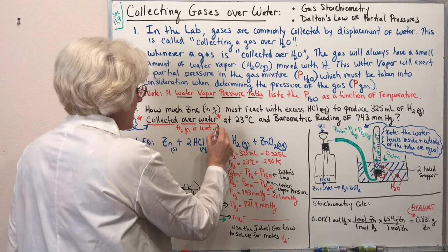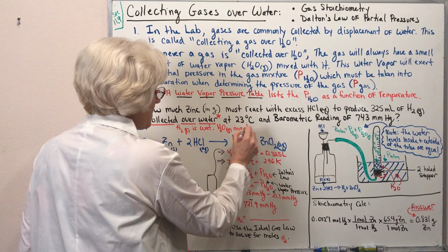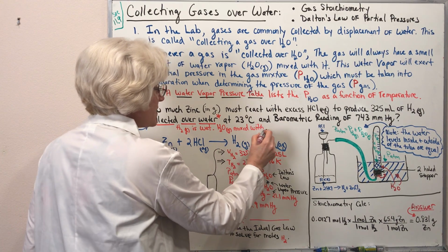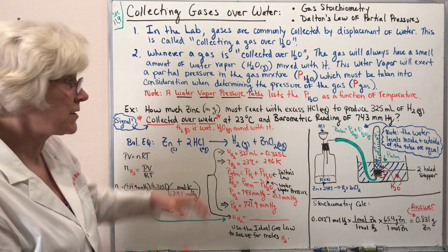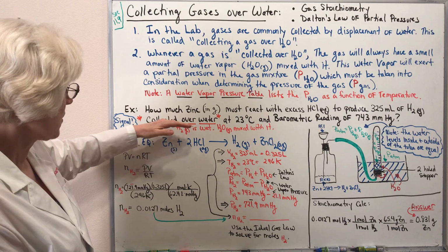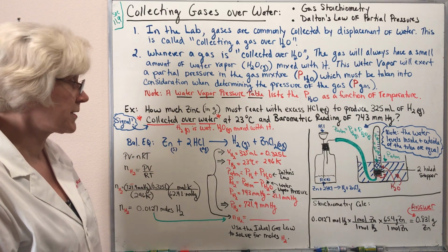That means that water gas is mixed with it. And you have to take into consideration the vapor pressure of water when you do this calculation. So all of that is signaled with the words collected over water.